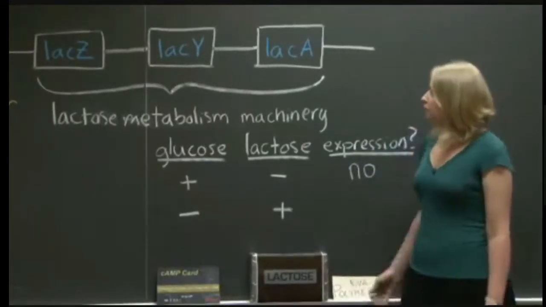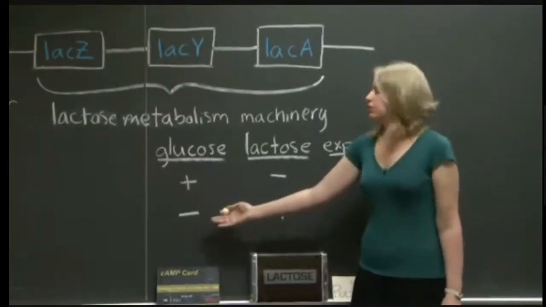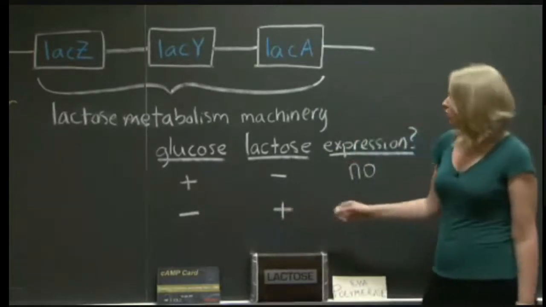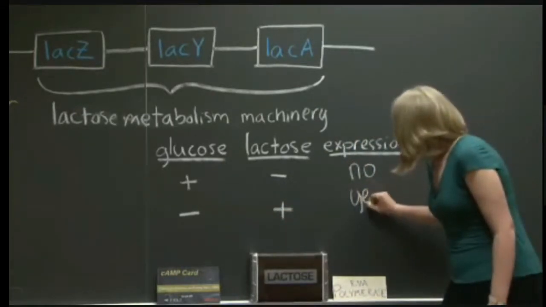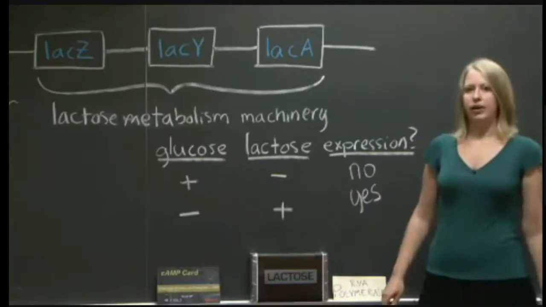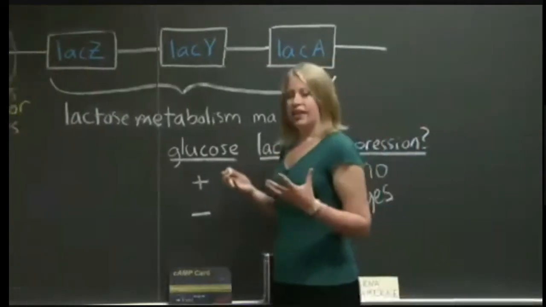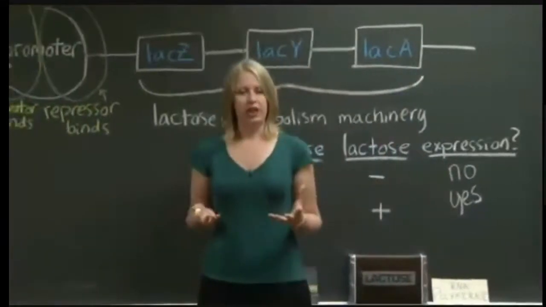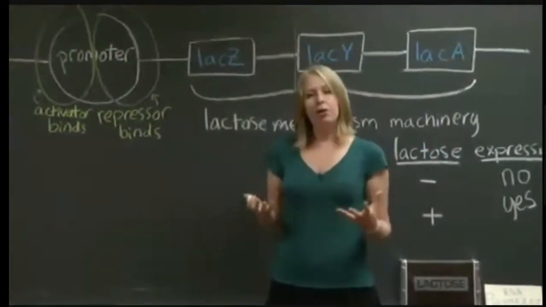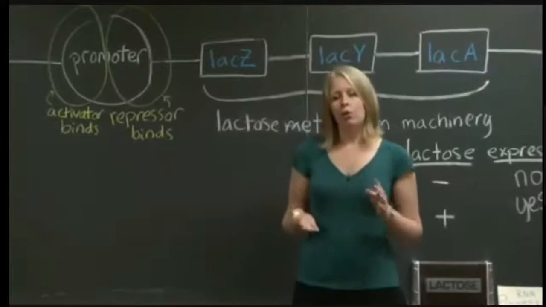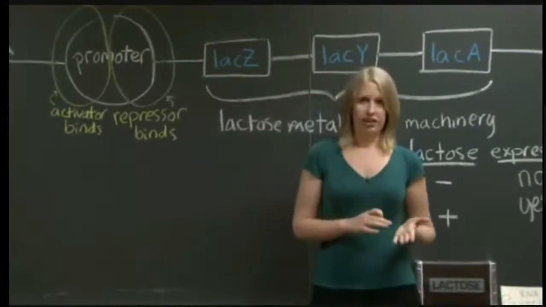However, when we remove glucose and we add lactose, we do want to express the lac operon. Now, we've covered when the E. coli would like to express this operon. However, how can it express this operon only when it wants to and not when it doesn't?